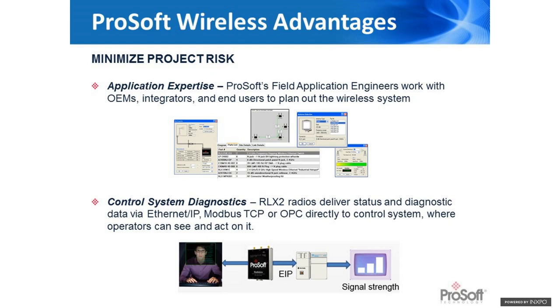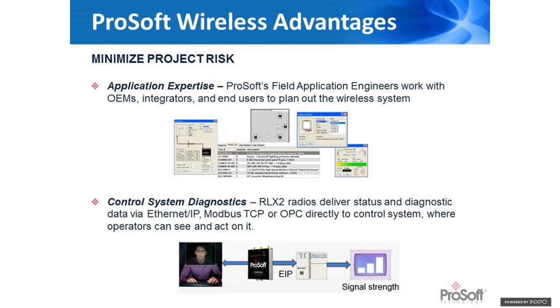The other thing we do to really reduce the risk and make the system more reliable is we provide diagnostic information about the network, not just to the IT tools that are typically used in wireless installations, but also directly to the industrial control systems that we typically work with. We can take diagnostic information directly out of our wireless LAN radios and bring that information as tags directly into a Logix controller, or we can write that to a Modbus map over Modbus TCP.